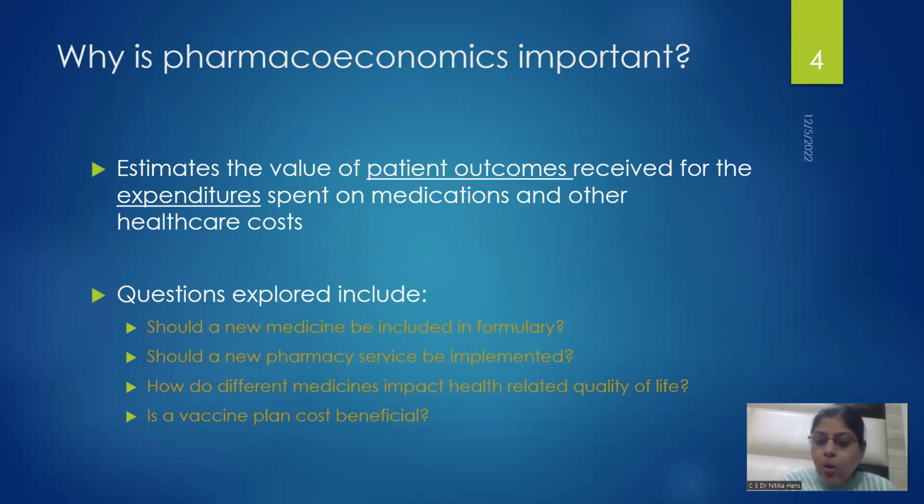That means whether the cost is more or the benefit is more. If the benefit is more, then the drug will be available in the market and it will be sold. The expenditures spent on medications and other healthcare costs are more, or the patient outcome is more.